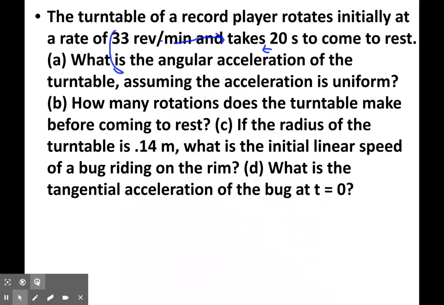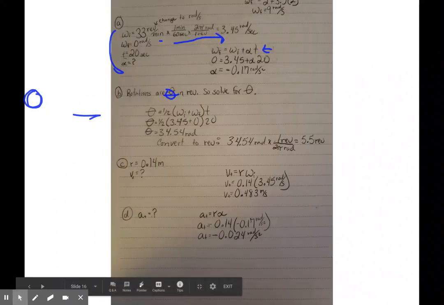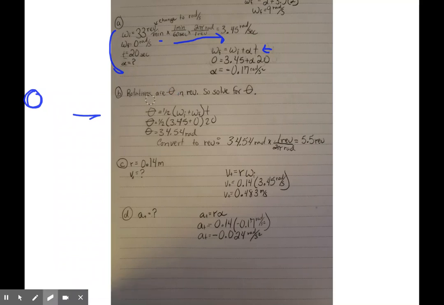Part B says how many rotations does the turntable make? It wants to know how many turns it's making, or what angle, before coming to rest. Here we're looking for the angle.